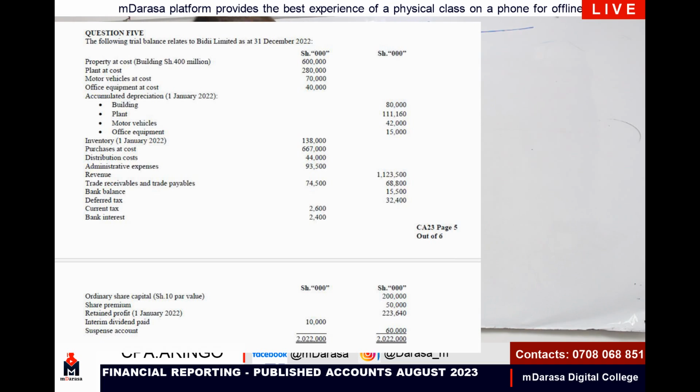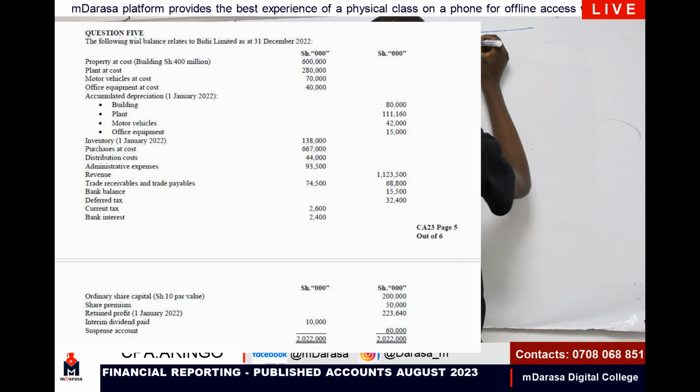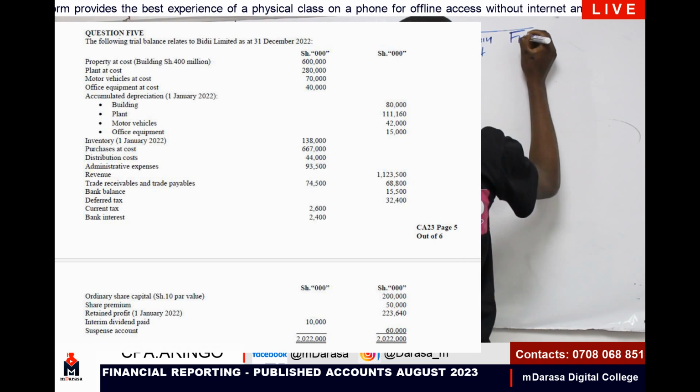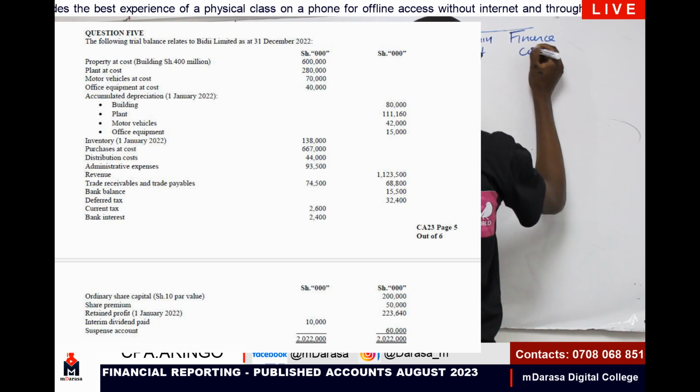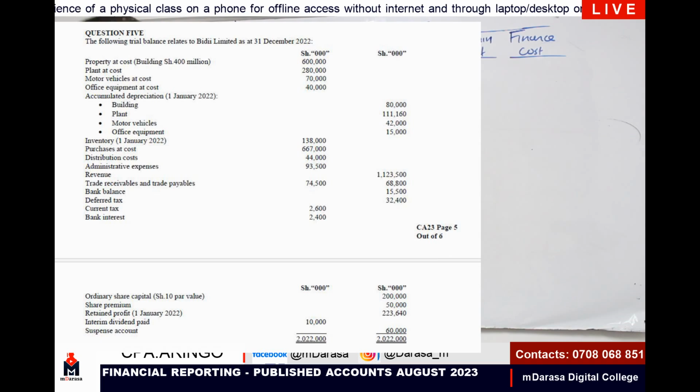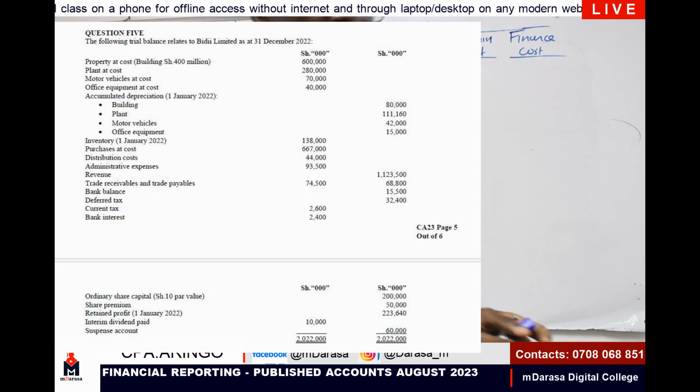We note them down like that: admin costs, finance costs. Once I have this schedule, this will literally help us to prepare our work very easily.